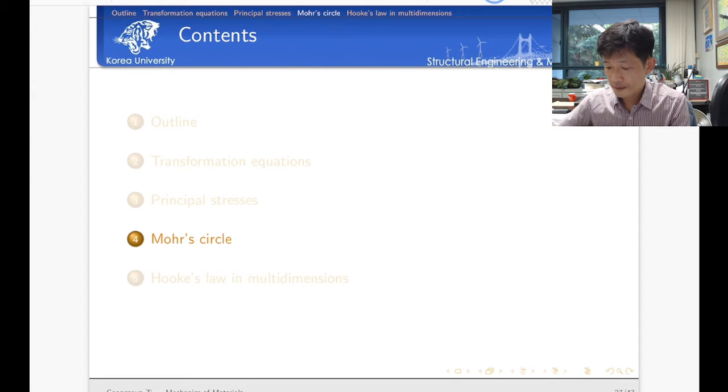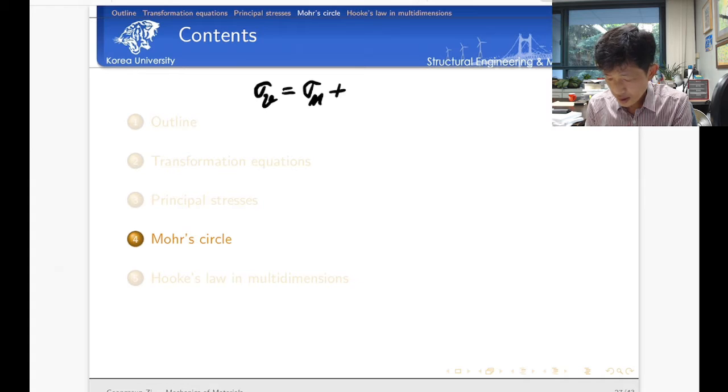stress transformation formula. The stress transformation formula says the normal stress in a certain direction can be written as the mean stress in 2 dimensions, plus the stress difference times cosine 2 theta, plus the reference shear stress tau xy times sine 2 theta.